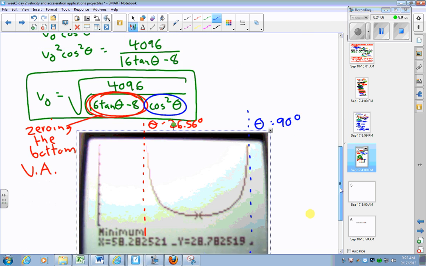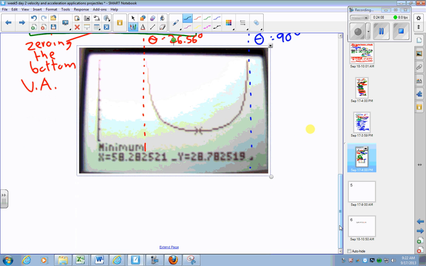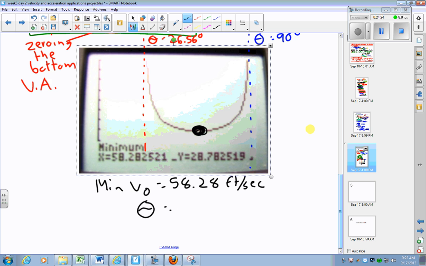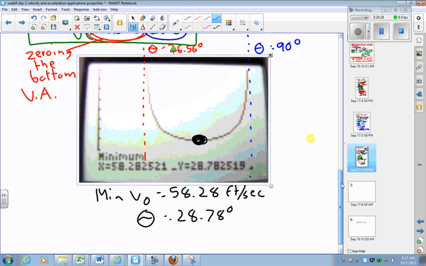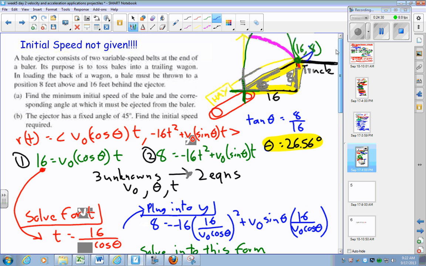But for our point and purpose, the question said what was the minimum velocity and at what angle was that? So my minimum V0 was 58.28 feet per second, and it was at the angle of 28.78 degrees, which is, again, closer to that 26.56, obviously, over the 90 degrees.